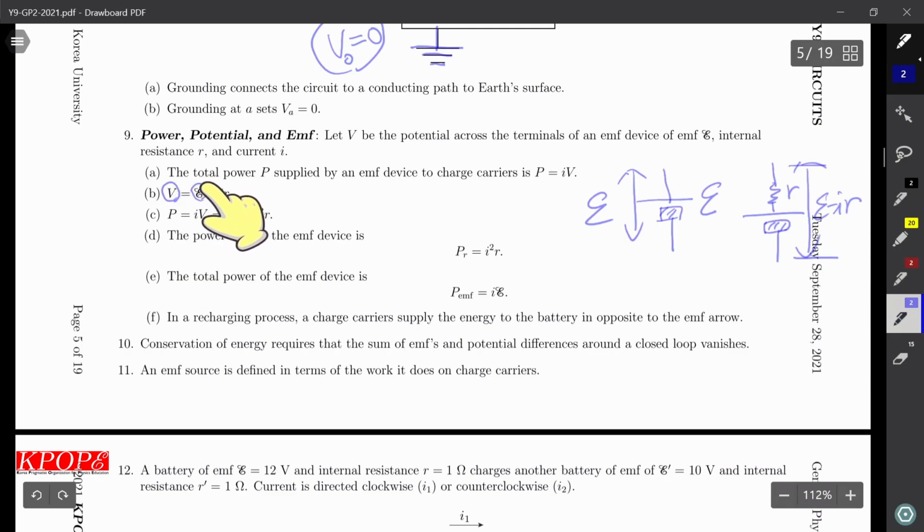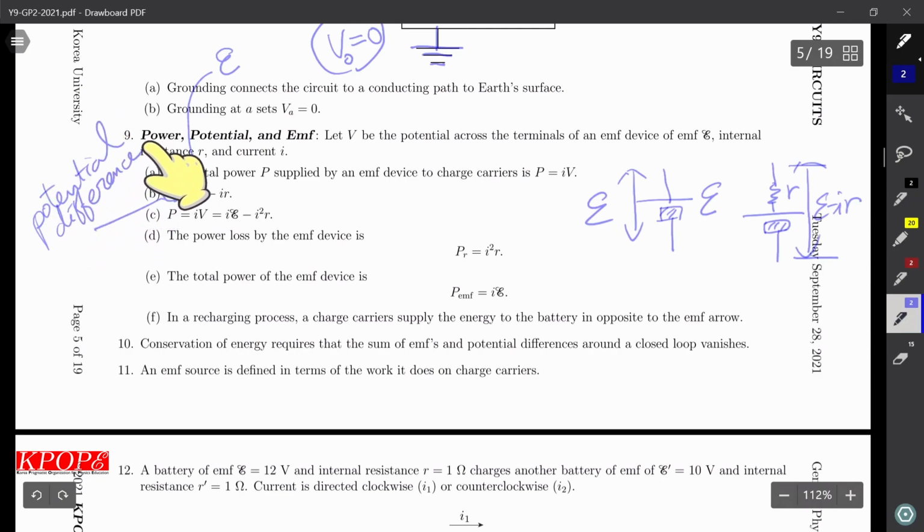This is the pure EMF, and this is the potential difference between the two terminals. First is a battery, so this one. This is V, because there's actually a small internal resistance.